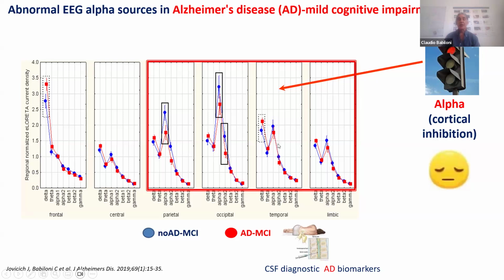So this was a very clear demonstration that the Alzheimer's disease patients with a diagnosis related to biomarkers from CSF show the vigilance dysfunctions, as revealed with poor resting state alpha RMS.